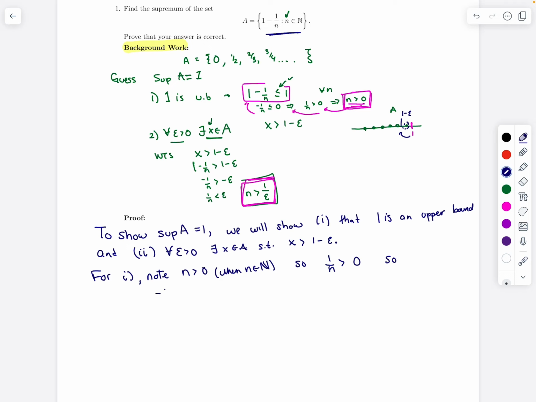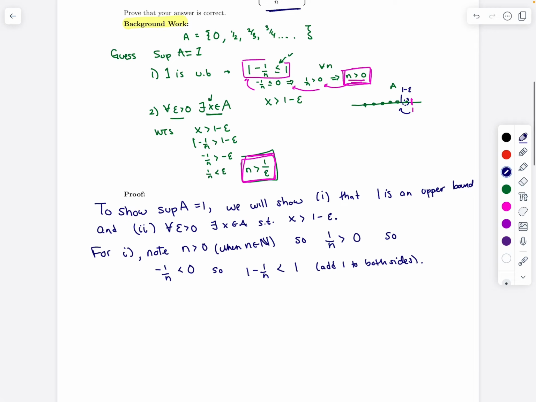So negative 1 over n is less than 0. Maybe I'll keep that strictly less than. So 1 minus 1 over n is less than 1. And maybe I can add a little note, adding 1 to both sides, so the reader knows exactly how I did that last step because it was kind of unclear.